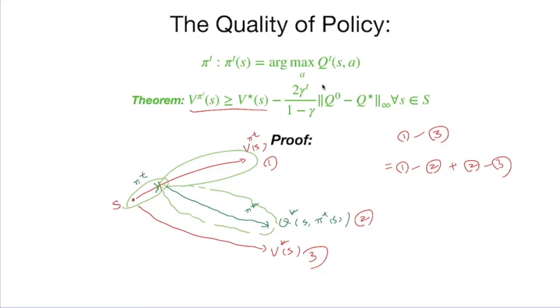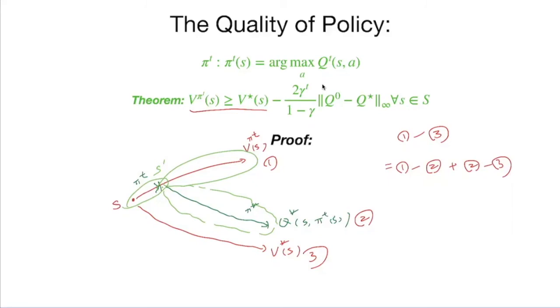But at this stage, it should remind you of something related to recursion. We started by computing the difference between 1 and 3 from the original state s. Now we introduce this middle ground and move to state s prime. What we care about is the difference between the two segments originating from s prime, which is very similar to the original situation we faced at state s.